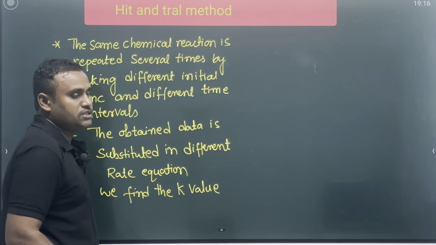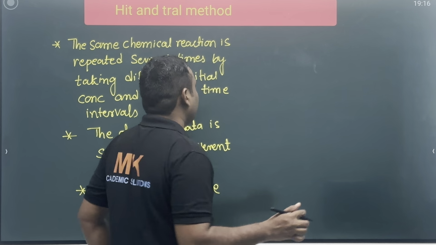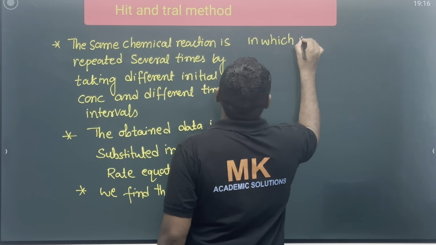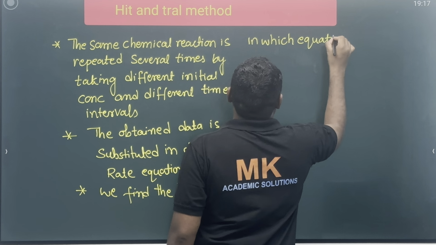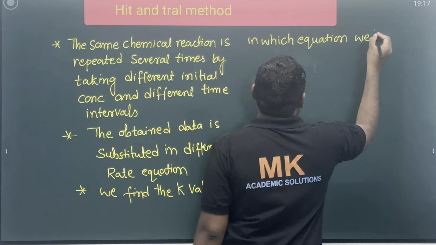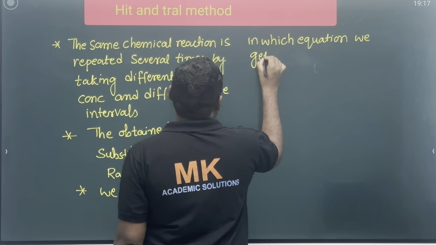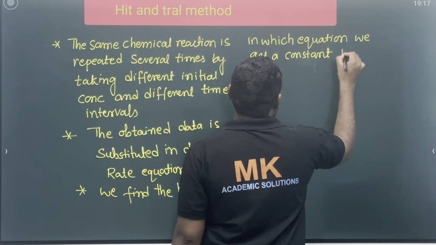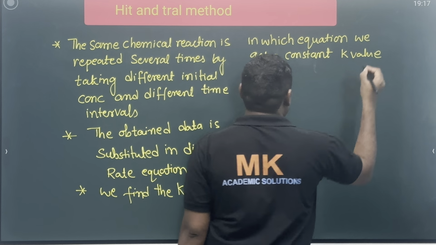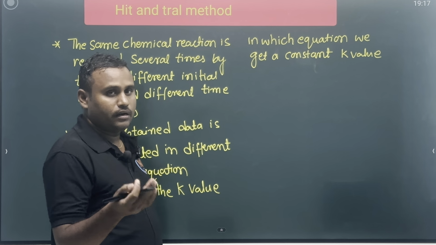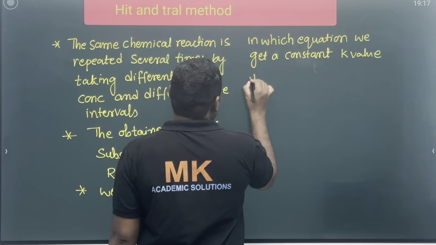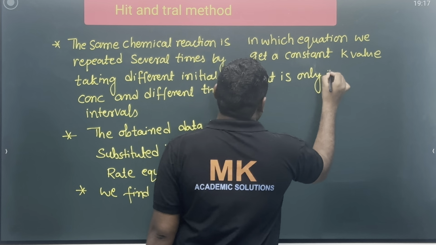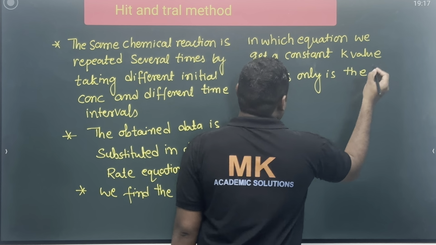So in which equation do we get a constant k value? That is the order of that reaction.